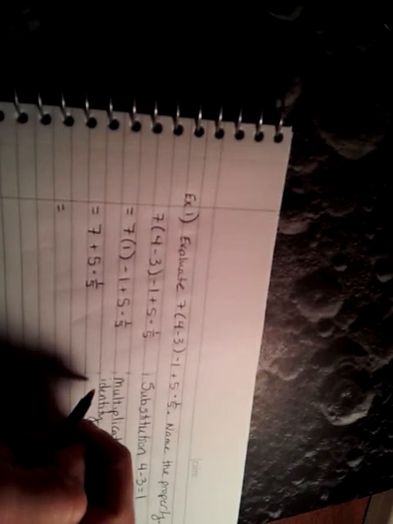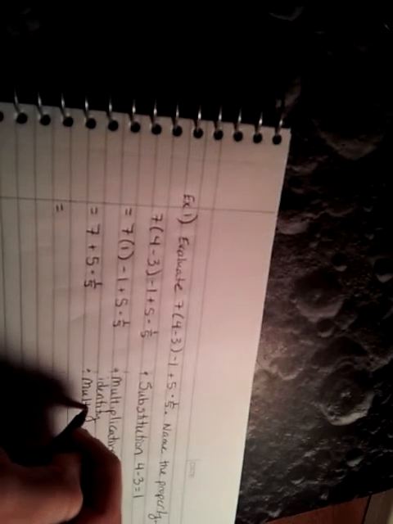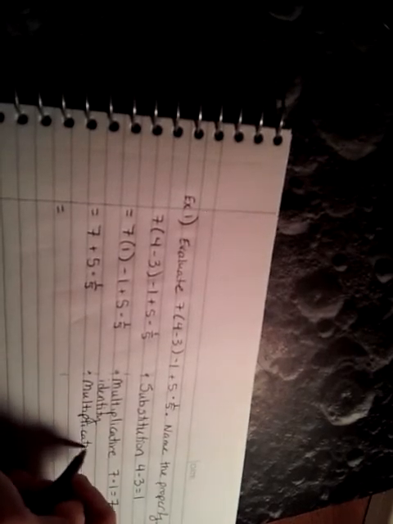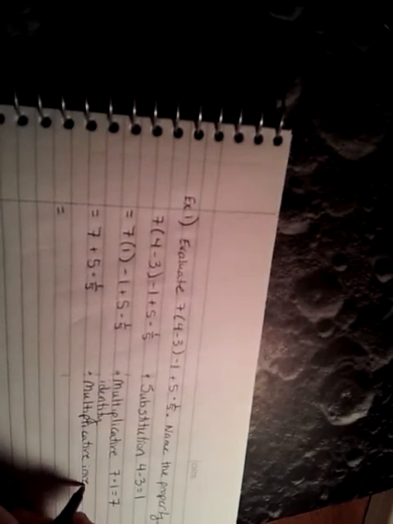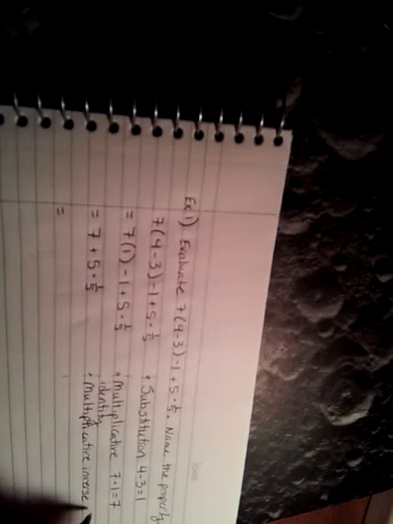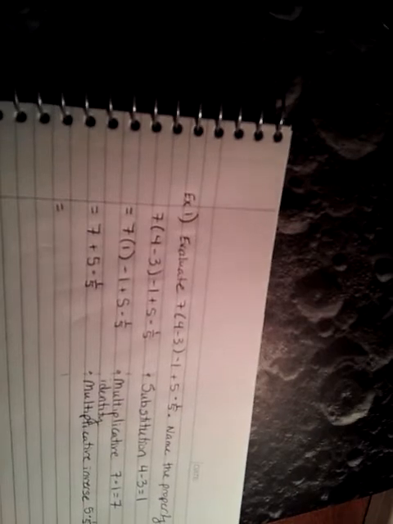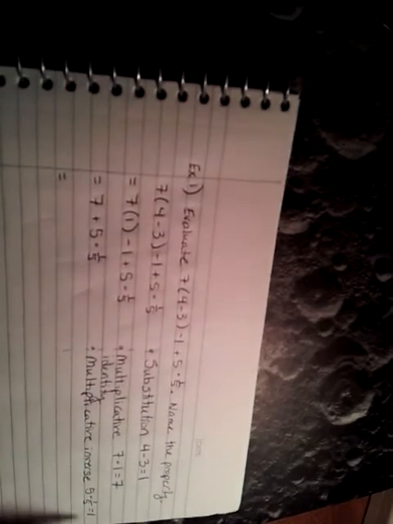I'm going to write down the title again of the property that I used because it told us to. Multiplicative inverse. When I say that I'm doing the multiplicative inverse, I'm talking about 5 times 1/5, and that comes out to 1.